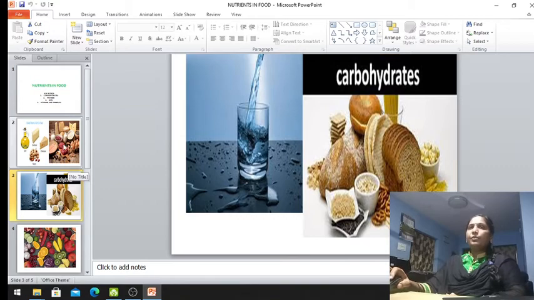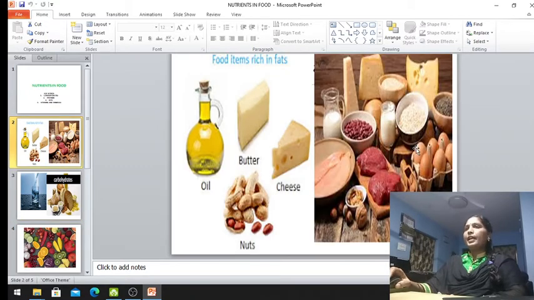Now the next food group is called proteins. Proteins are in food items like pulses. Most of the pulses have proteins. Pulses are nothing but our groundnuts, black gram, green gram, chana dal, rajma.